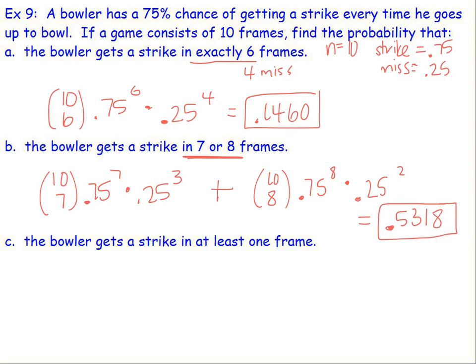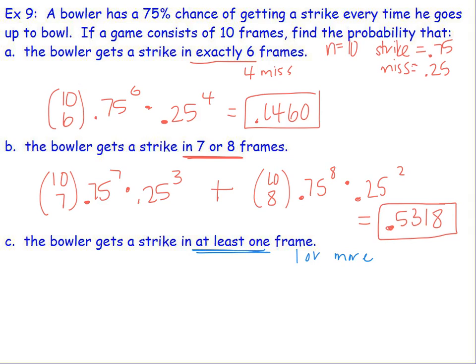Let's look at part C. What's the probability that the bowler gets a strike in at least 1 frame? There's that phrase again. At least 1 means 1 or more. So it could mean 1 or 2 or 3 or 4 or 5 or 6 or 7 or 8 or 9 or 10.